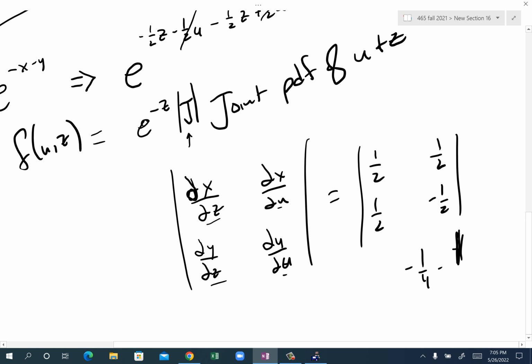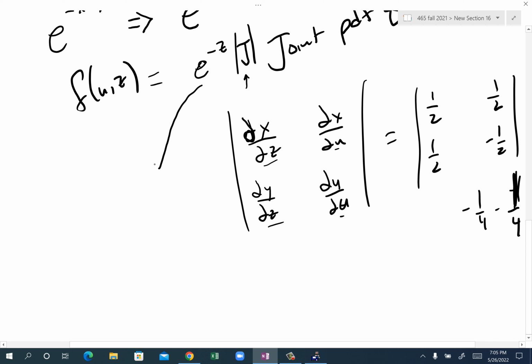Oops, minus a quarter is negative 1/2. And of course, we're going to take the absolute value of that. And so this guy here is my joint distribution for z and u. Okay? How exciting for us. That's all there is to it.